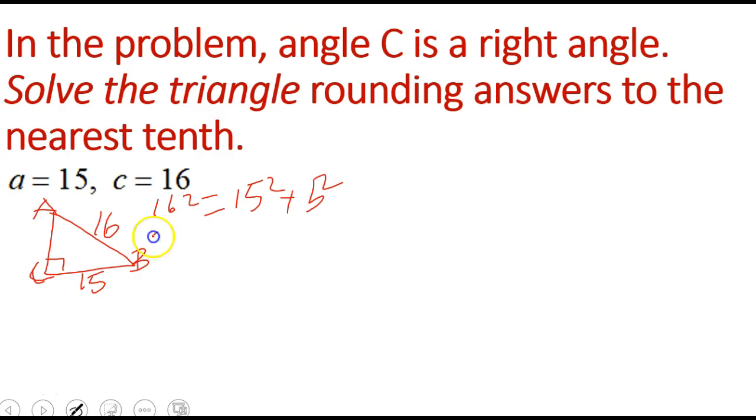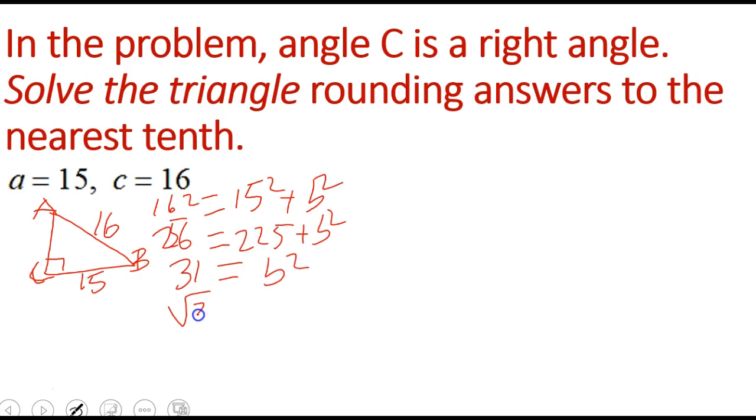So 16 squared is 256, equals 225 plus B squared. Now subtract 225 from both sides. We get 31 equals B squared. Take the square root of 31 to get B.